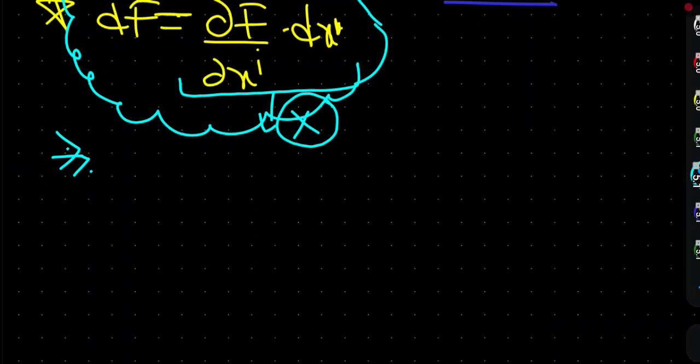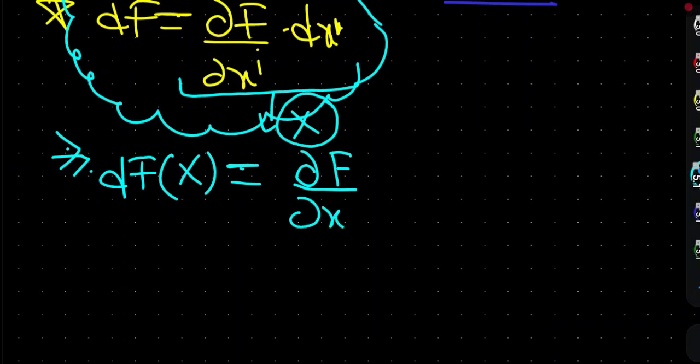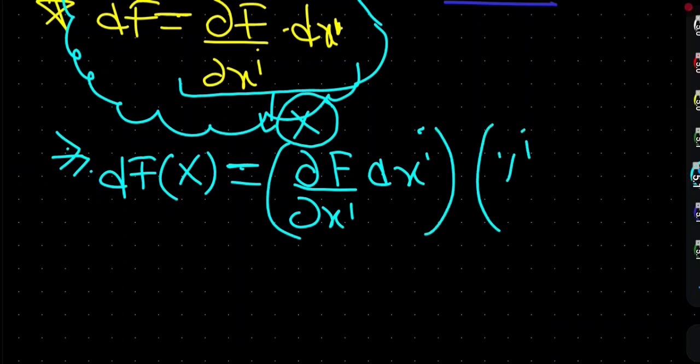So if I operate the differential df on the tangent vector, it is equal to applying ∂f/∂x^i dx^i, and here the formula of the tangent vector was v^i ∂/∂x^i.